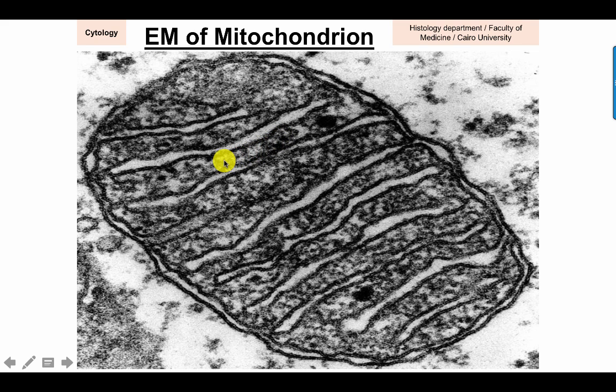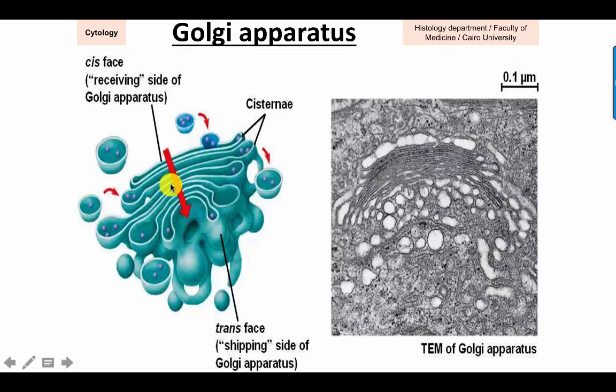In the matrix we also have other contents. We have DNA, we have the 3 types of RNA as it can form its own protein, in addition to these dense particles and the enzymes of the Krebs cycle, which are oxidative enzymes.